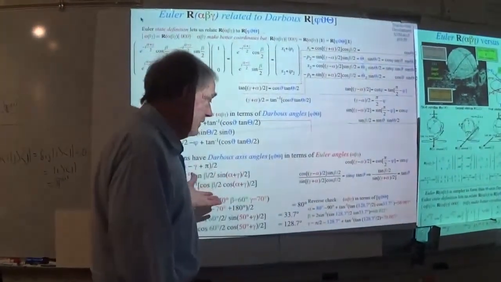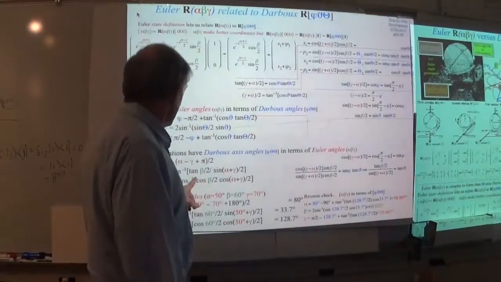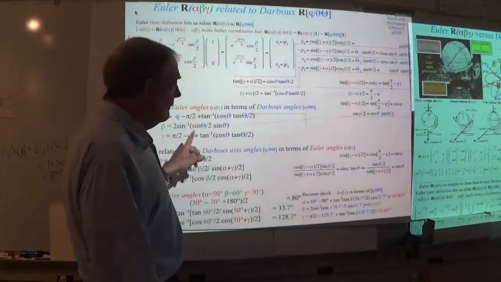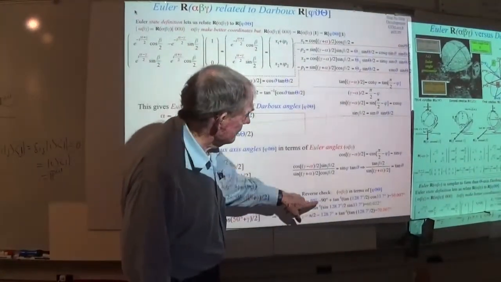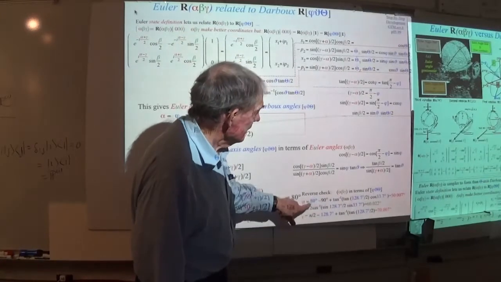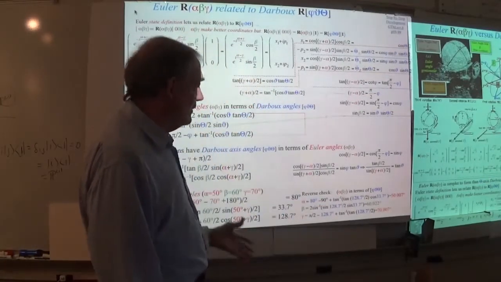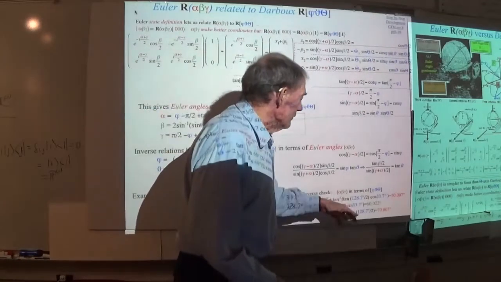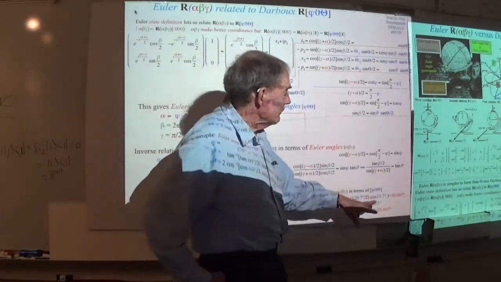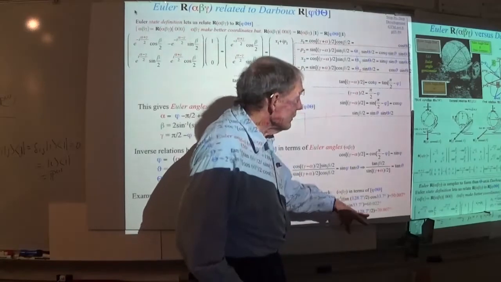Now you test it. You test this formula right here by sticking in 80 degrees, 33, and 128. And what you get out, you can see there, if you use your calculator, it's good to say 4 or 5 figures at least.